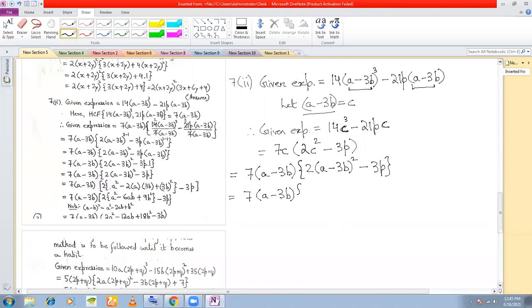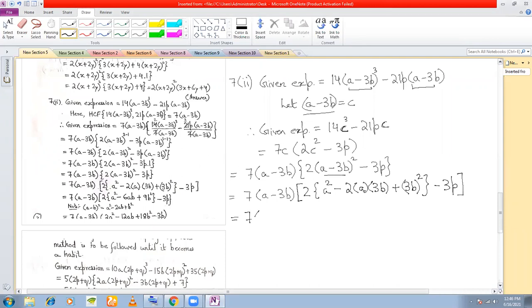And now you expand this by the (a minus b) whole square formula to get a square minus 2ab plus b square, right? So we have expanded this (a minus 3b) whole square, and minus 3p was there, so we write minus 3p as it is. Close the box bracket.